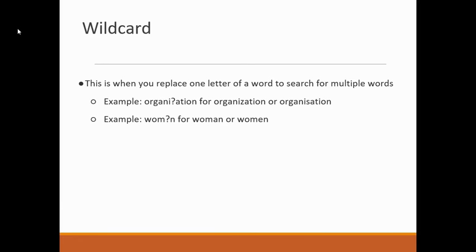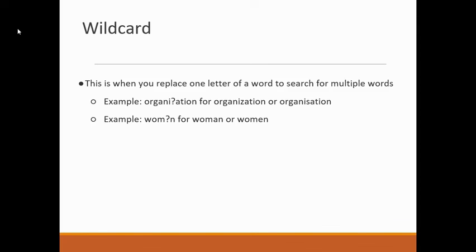The next search tip here is something called wildcard. This is when you can replace one letter of a word to search for multiple words. This can be helpful if there's different spellings of a word. So in this first example, organization spelled with a Z, organization spelled with an S. If you replace the Z or the S with a question mark, the database will search for either variation of the word.